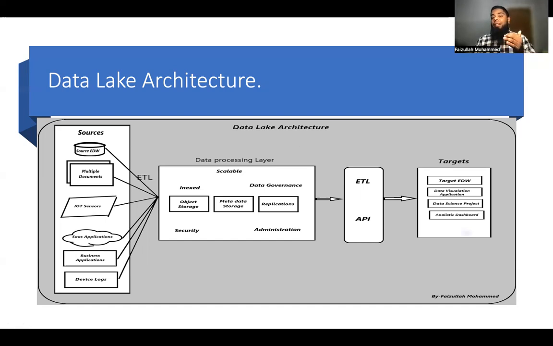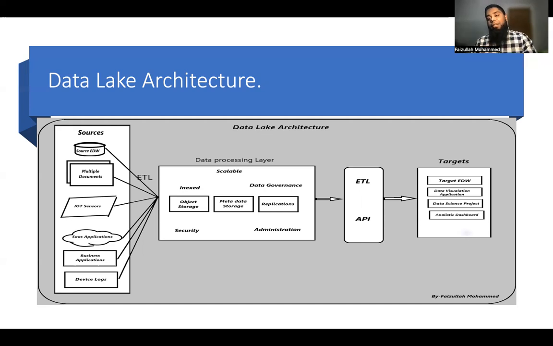The map phase converts the data into logical key values, and the reduce phase analyzes the data. From ETL to the data processing layer, it works through an application program interface, an API, where two programs, two applications, can talk to each other in processing the data.